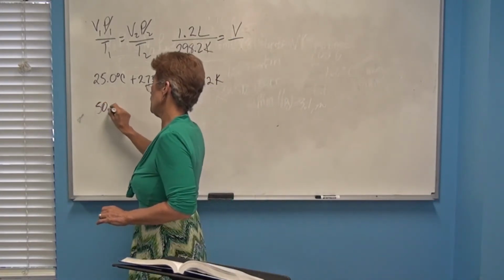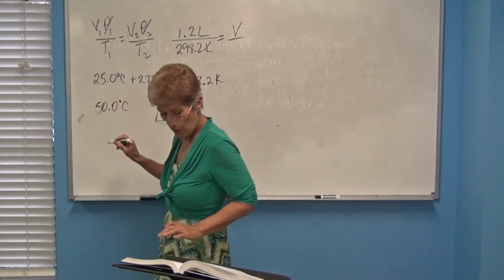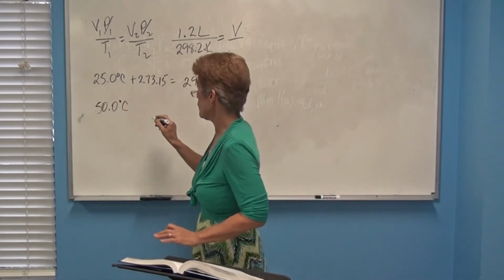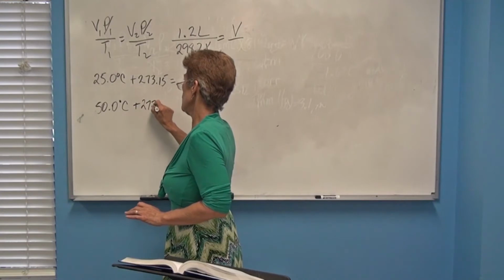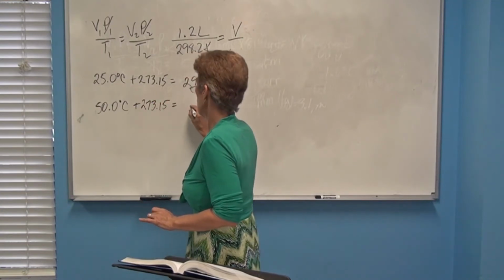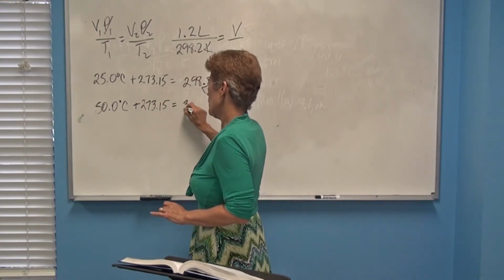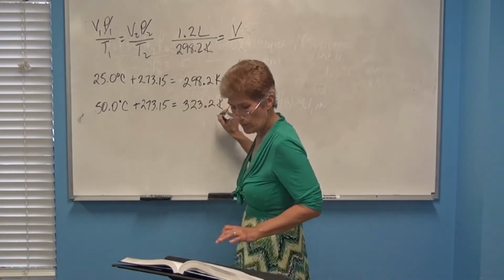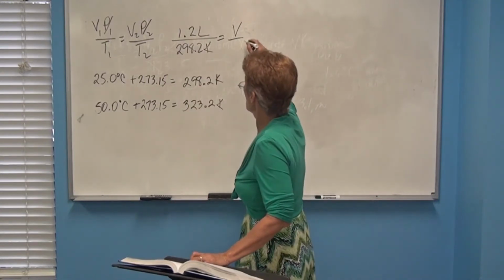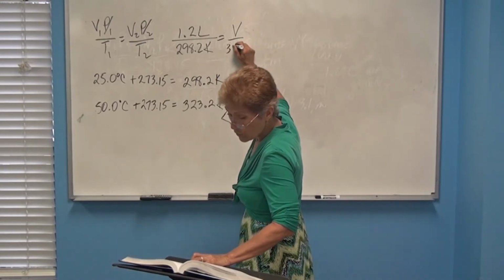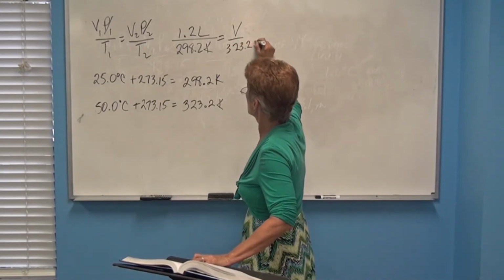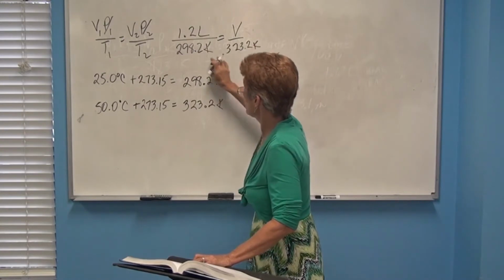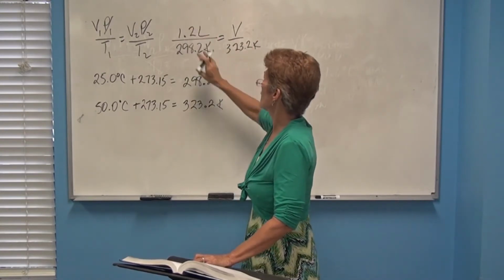So we're going to go 50 degrees Celsius, and I've got the right number of significant figures, yes, plus 273.15 equals 323.2 Kelvin. Just want to check, yes, 323.2 Kelvin. Once again, we're going to multiply that to this side.